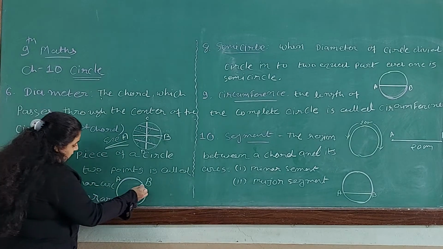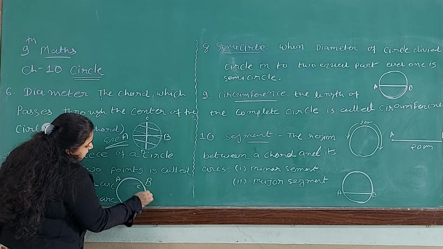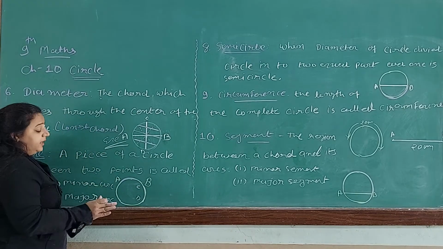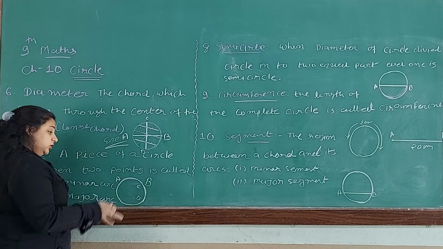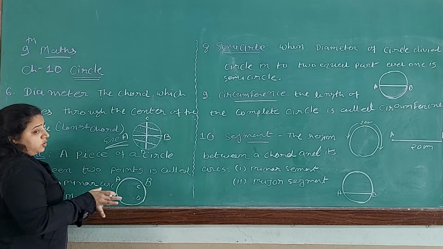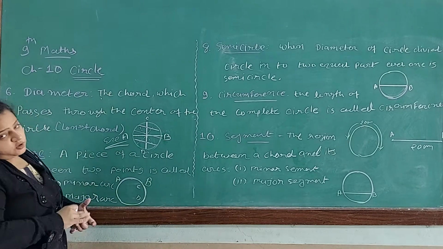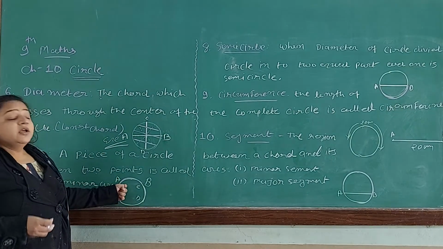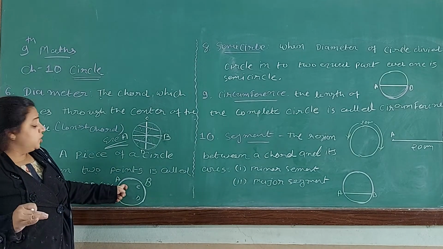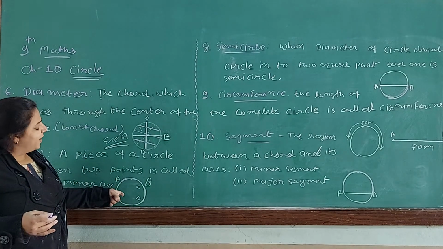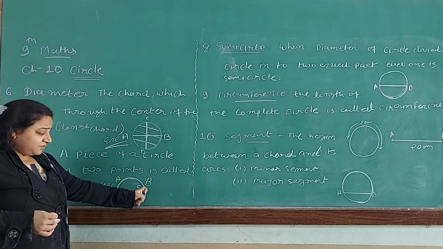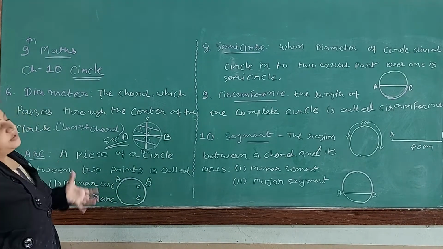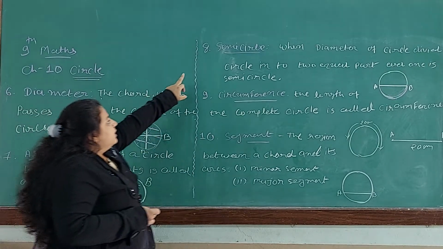If you form any other arc, you can form C and D. But it is a piece of a circle, right? Not a line segment. A piece of a circle, on the circle, is known as arc. Two types of arcs, minor arc and major arc. Here AB with the purple color is known as minor arc, and green color AB is known as a major arc.